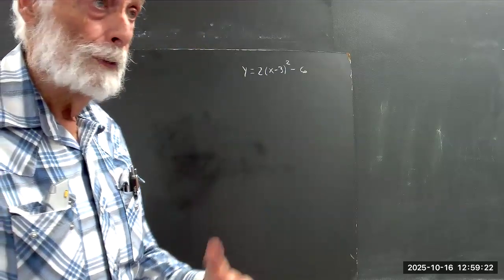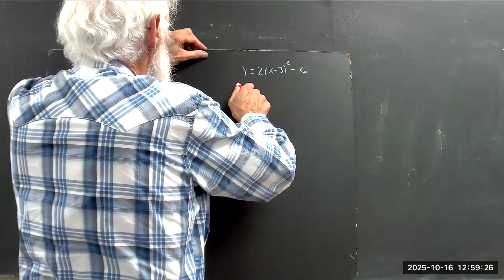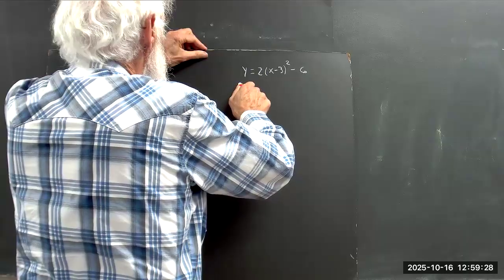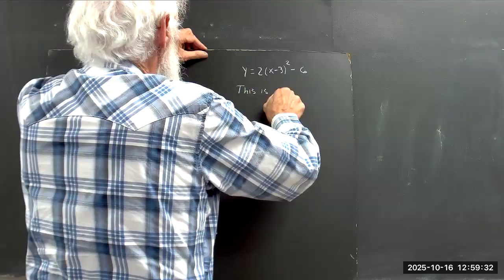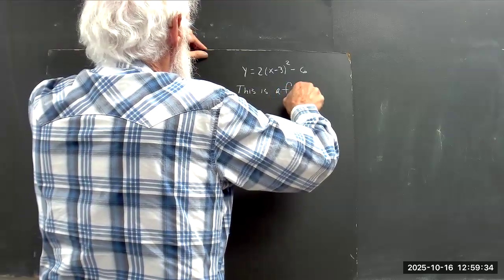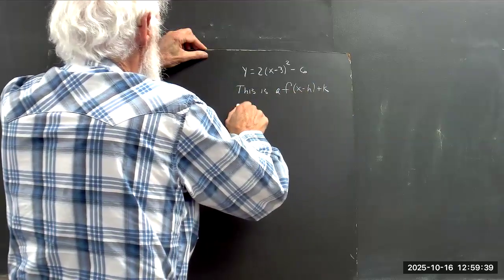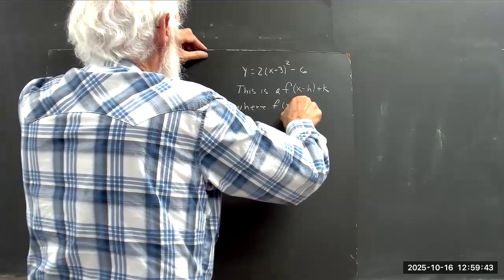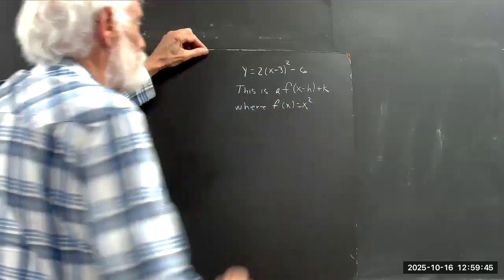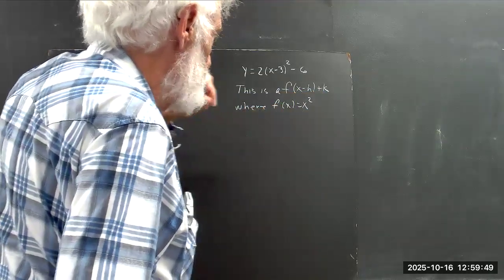If we want to graph this, this is a f of x minus h plus k, where f of x equals x squared.